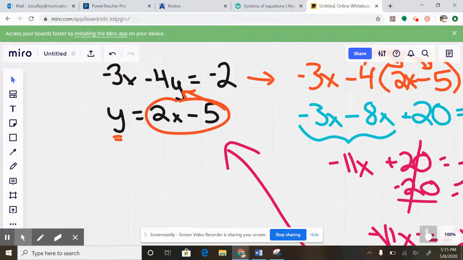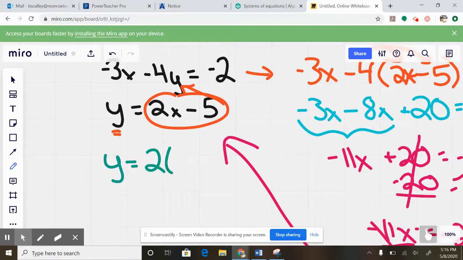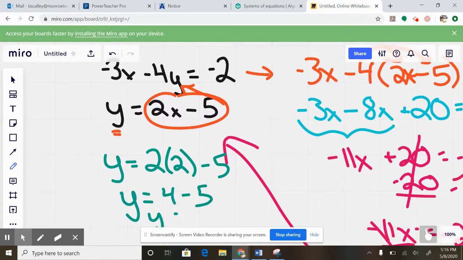I'm going to choose the bottom one. So if I take this bottom equation, it's going to be y equals 2, but I know x is 2 now, minus 5. So I get y equals 4 minus 5, which means y is negative 1.